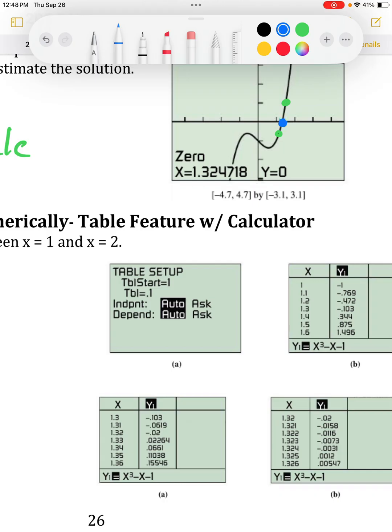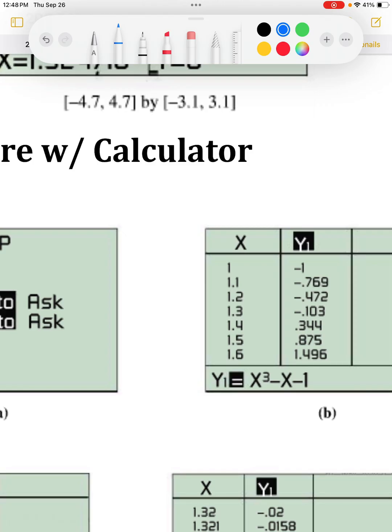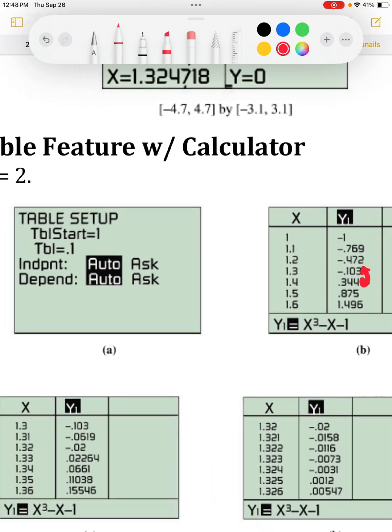But as I can see here, notice we go from a negative to a positive. So that means my answer is somewhere between 1.3 and 1.4. So I might say it's 1.32, because I'm looking for that sign change between negative and positive, because that's going to indicate a root, where my graph goes from below the x-axis to above the x-axis.